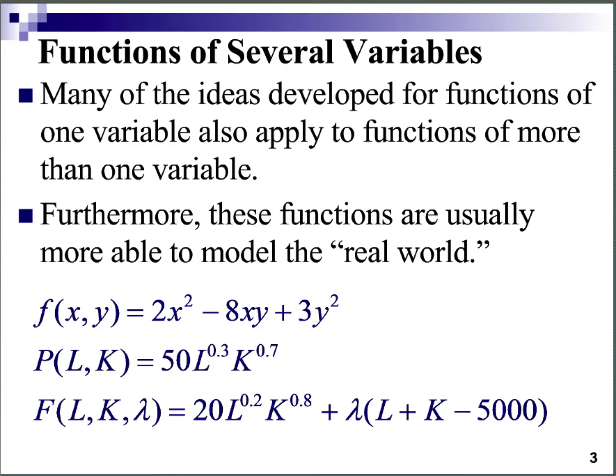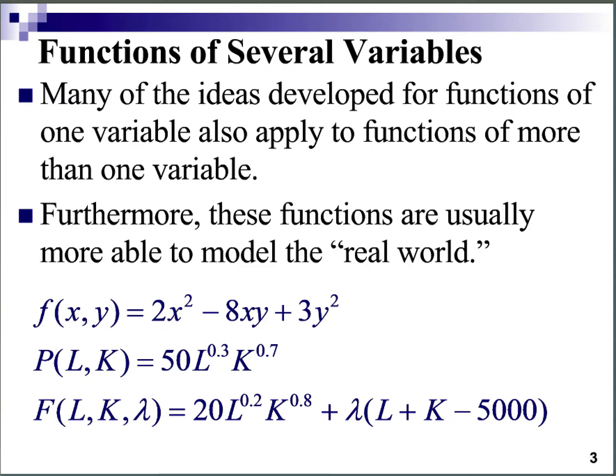And then the 3rd function, the Lagrange function, actually has 3 independent variables, capital L, capital K, and the Greek letter lambda. That symbol there is lambda. So that has 3 independent variables, and then a 4th variable is the dependent variable. So this is a function in 4 dimensions.